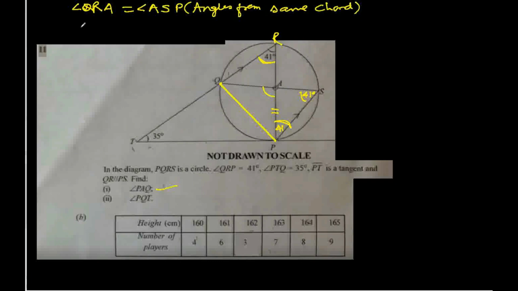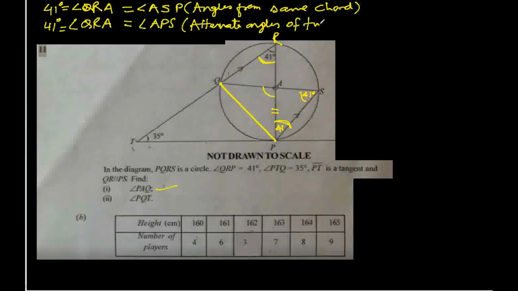Now we will write angle QRP, which is equal to angle APS, which is 41 degrees. This is also 41 degrees, by alternate angles of two parallel lines.